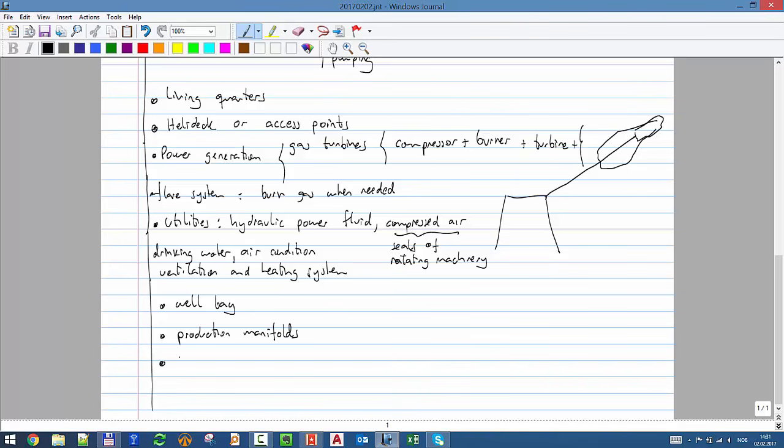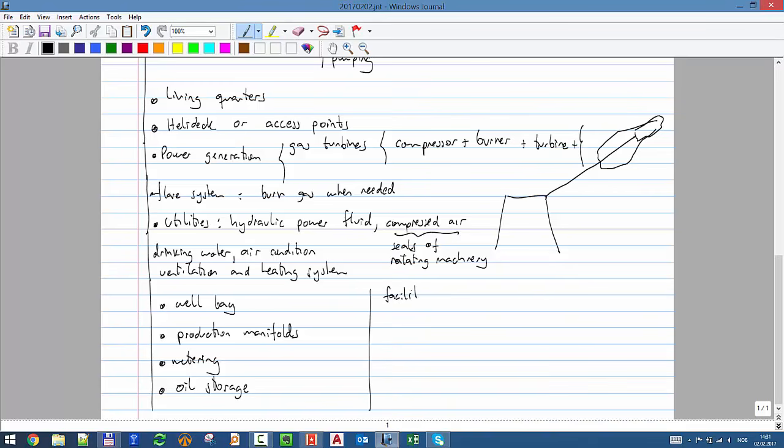We have the metering. We sometimes have storage, and we are going to look at that, oil storage, not gas. And I'm going to continue here on the side. There are not many things to go.